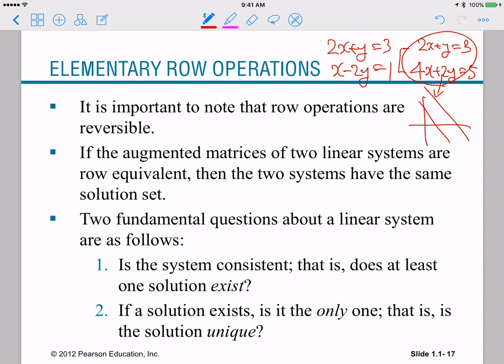Okay, and when the linear system has a solution, we learned that the system is called consistent, which means at least one solution. And if the system is inconsistent, it means we don't have any solution at all.